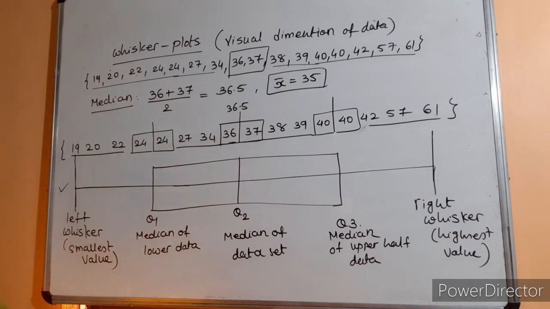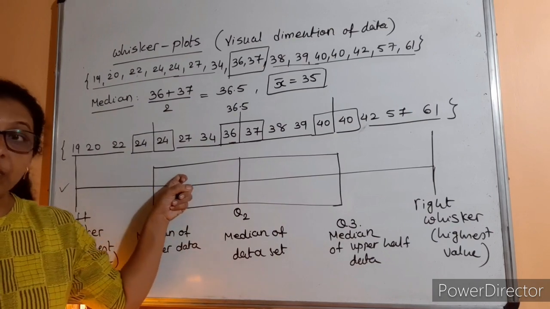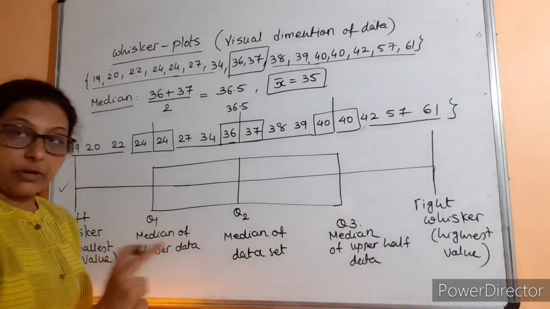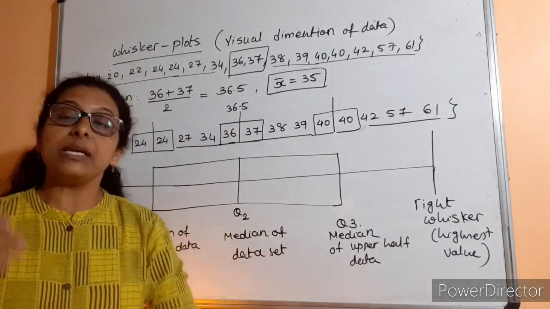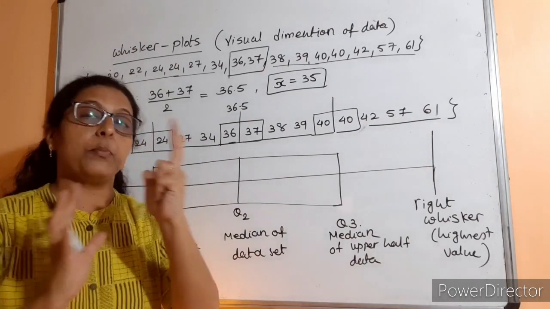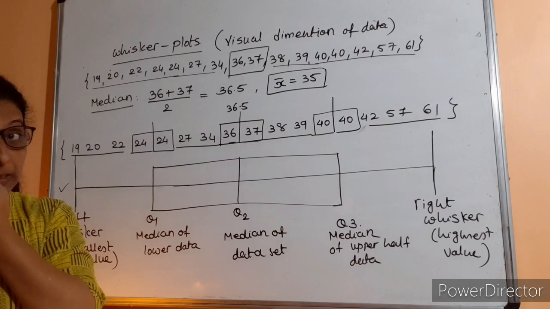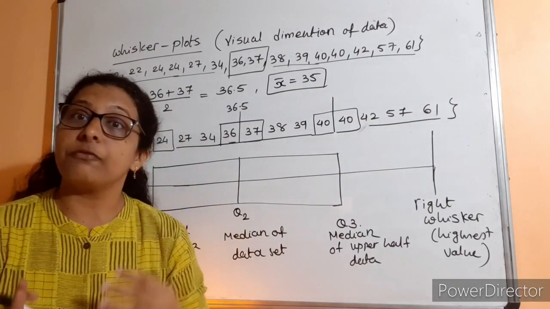So how to compare the data? When two whisker plot graphs are given on a single graph paper, we can compare the mean, the median, the lowest and highest values and all the things. So a whisker plot is always used to compare different types of data.